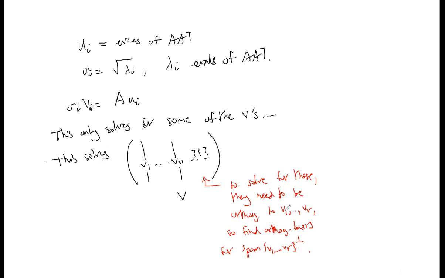Why does the rest of the vectors form a basis? So V needs to be an orthogonal matrix. And so what that means is that these columns are a collection of n orthogonal, orthonormal vectors.